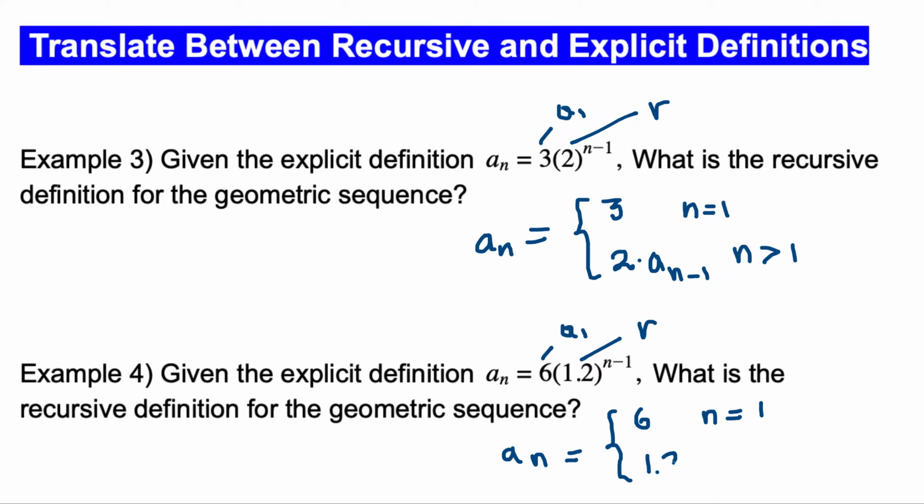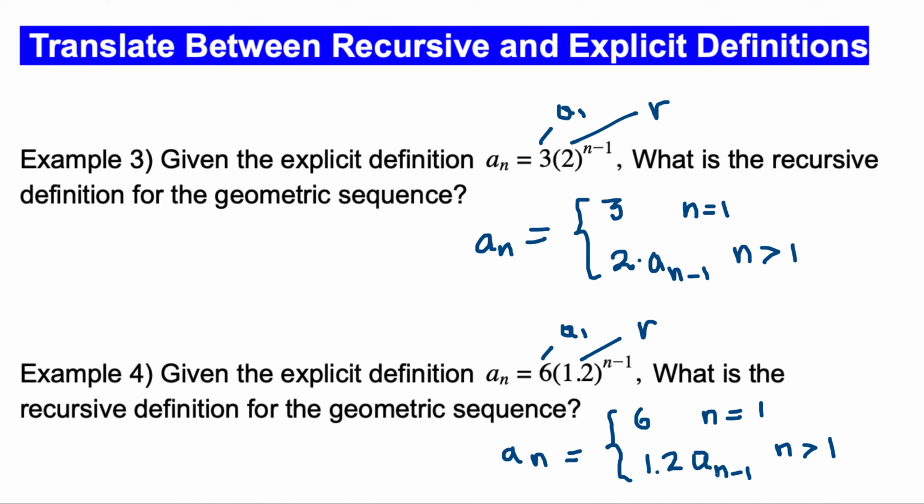So it means 1.2 times the previous term of an, which is a sub n minus 1, whenever n is greater than 1. It means for a second term, for example, a2 is going to be 1.2 times a1, a3 is going to be 1.2 times a2, etc.